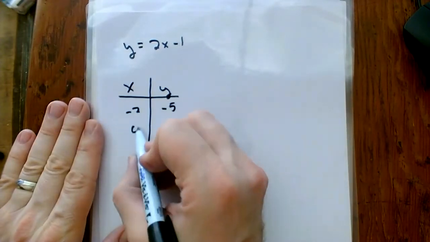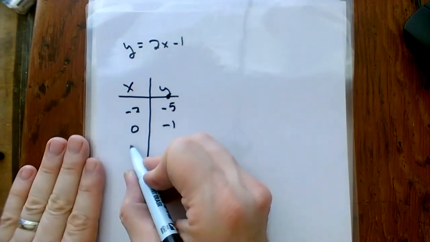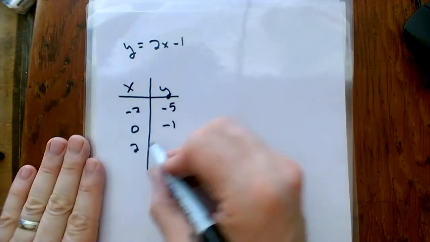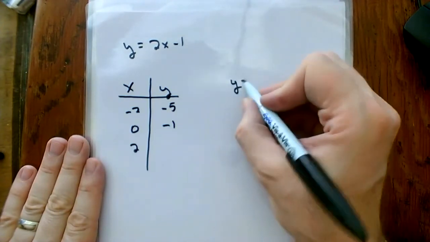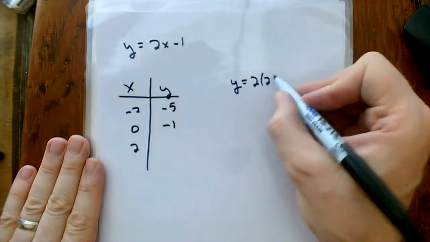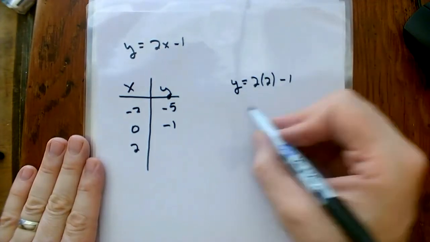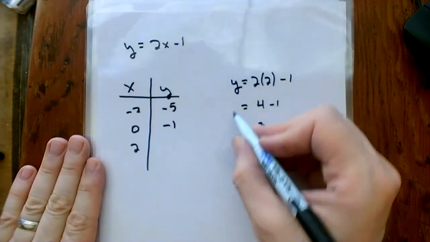We tried 0, and we came up with a -1. But I could choose any values we wanted, say 2. So if x were equal to 2, I would have 2 times 2 minus 1. That would be 4 minus 1, or 3.